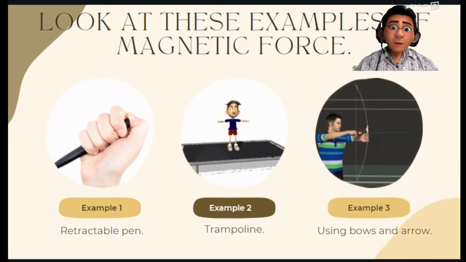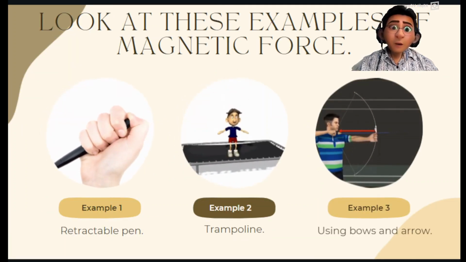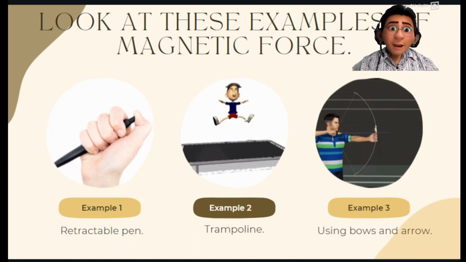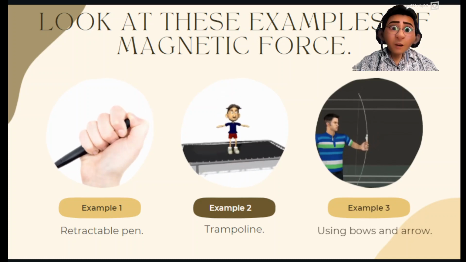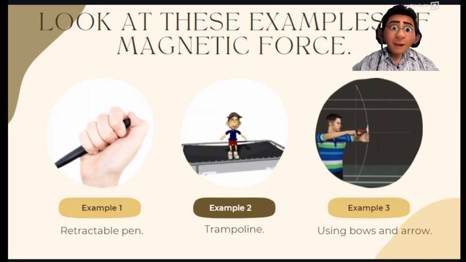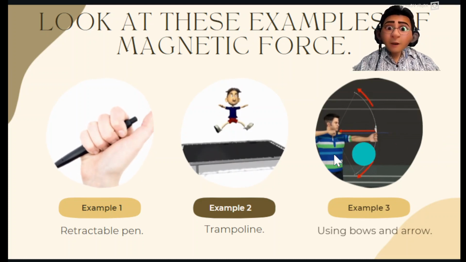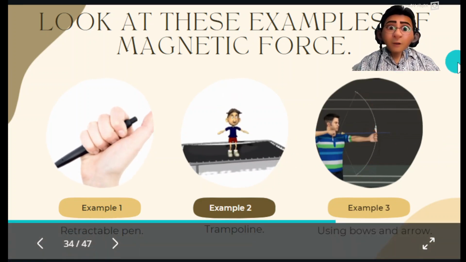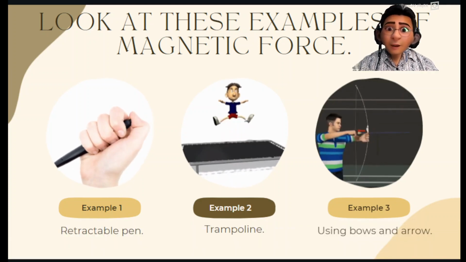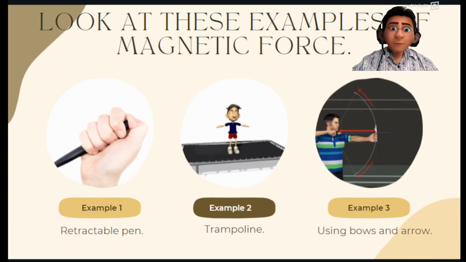The second example would be your pen. Inside your pen, you have springs, and when you push it, it will have elastic force. Another example you might not have at home would be a trampoline. I do not have a trampoline.